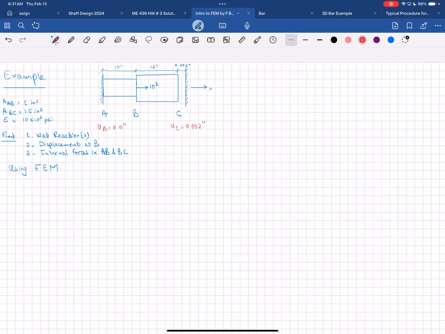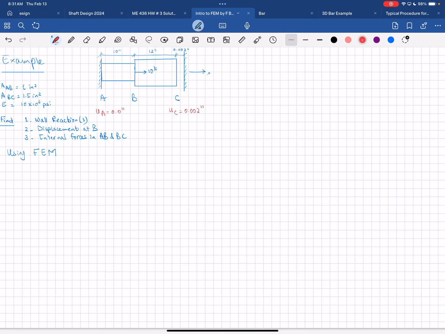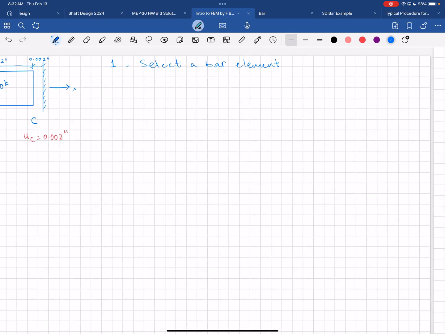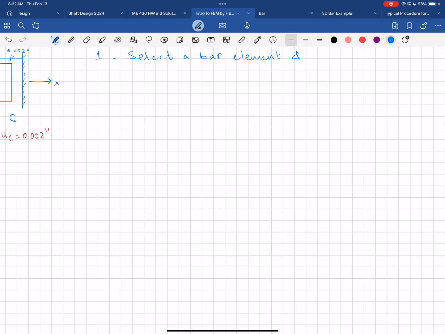So I'm going to say on my first step, step number 1, select a bar element and create a mesh.